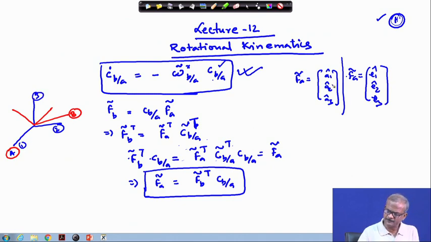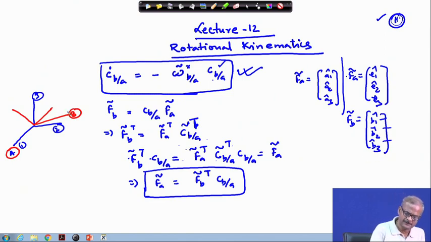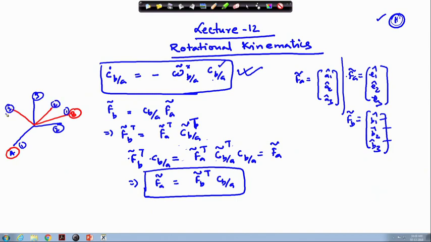Similarly, in the B frame you will have f B tilde, which we write as B1 cap, B2 cap and B3 cap. These are all unit vectors, and this is called the vectrix, as we denoted it earlier. So, this is the first direction, this is the second direction, and this is the third direction of the B frame.